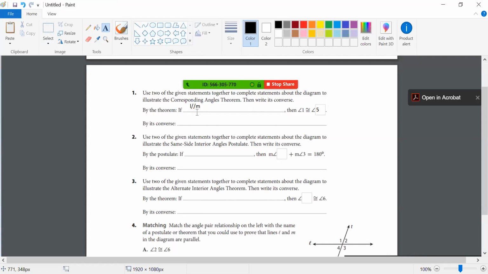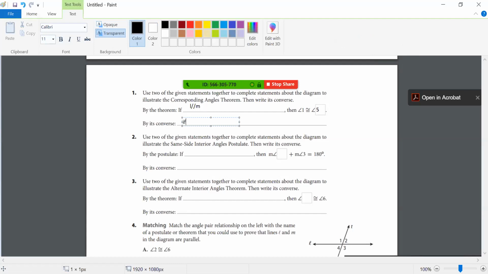The two events are L is parallel to M and angle 1 is congruent to angle 5. In the converse, I'm going to write: if angle 1 is congruent to angle 5, then L will be parallel to M. So I swapped the two events.